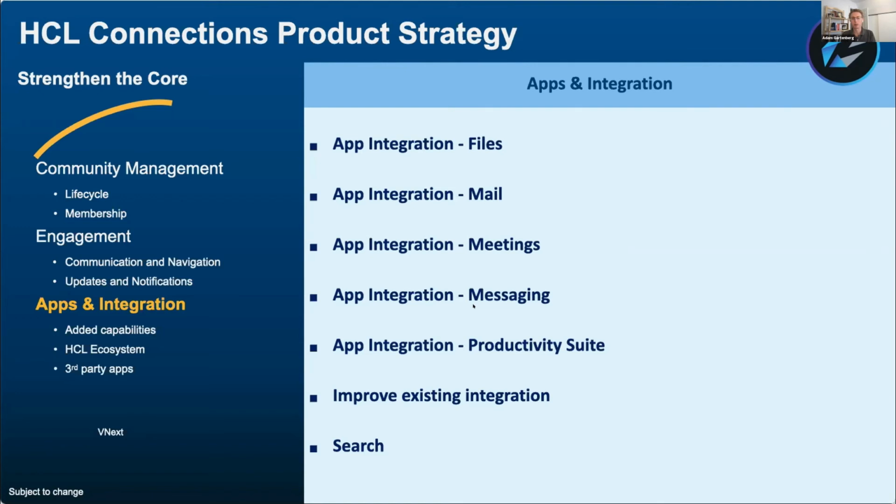So examples of some of these might be integration to mail, allowing you to share community files from or to Verse. For a meeting, we had requests to share to a Zoom chat, or to be able to launch meetings directly from inside of Connections, and making it easy to move back and forth between Connections and the meeting provider of your choice.